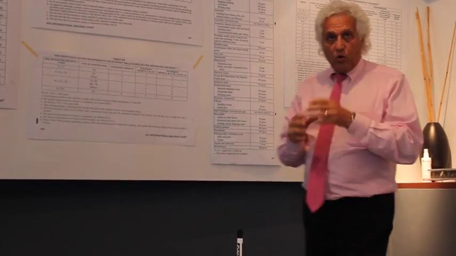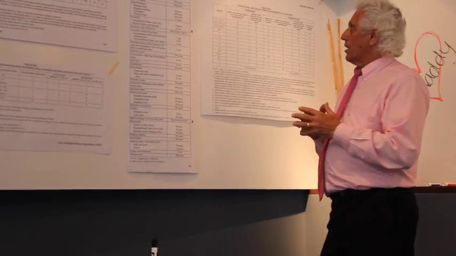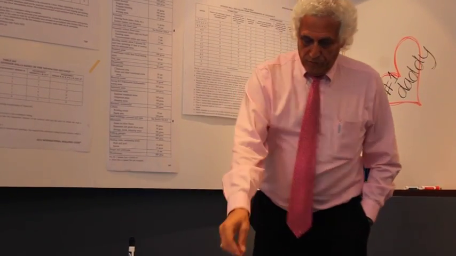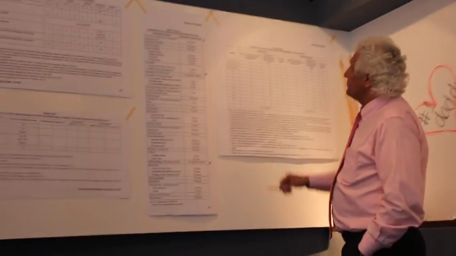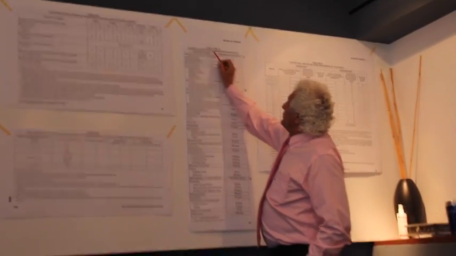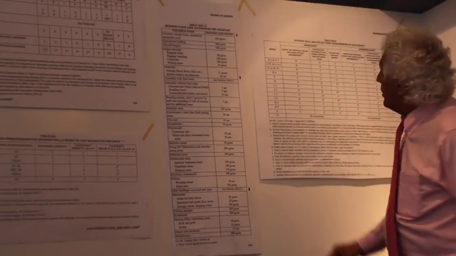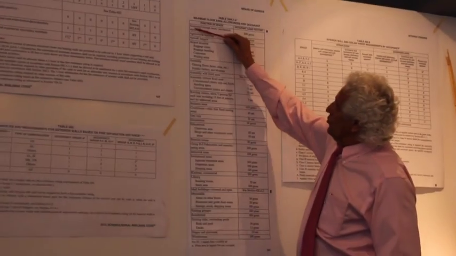One thing that the code is very diligent about is the occupancy load on different buildings and different uses, and the means of egress. This is table 1004.1.2. The code will define for you the use of the space.